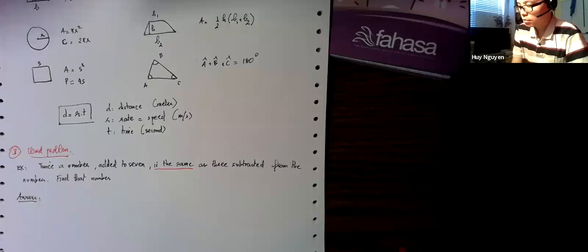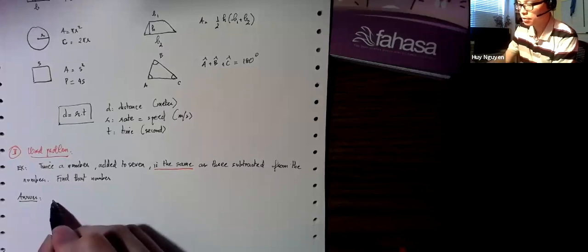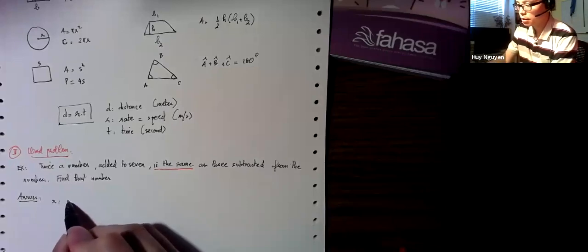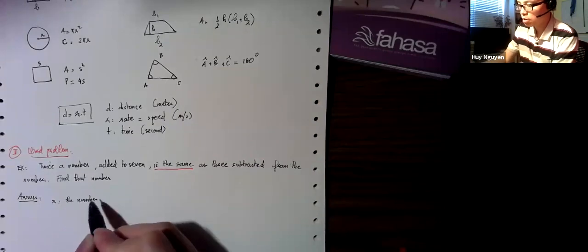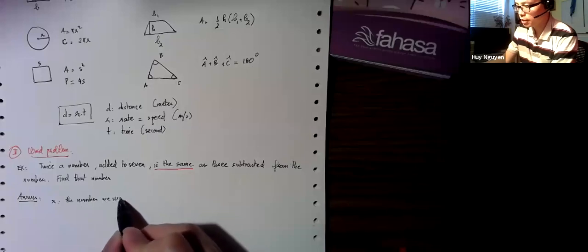All right, so we have to name the variables. First of all, name the variable representing the number you're looking for. So I'm going to name it x, the number we want to find.